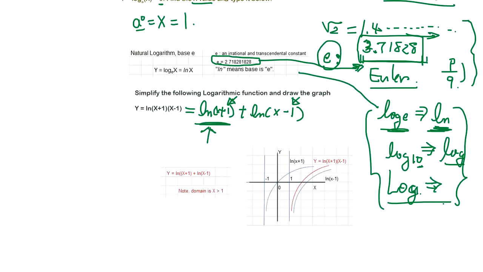Since the log function is shifted like this and shifted like this, you add them together, and it's going to be somewhere around here. This is going to be the function.